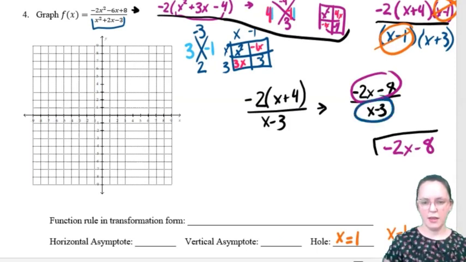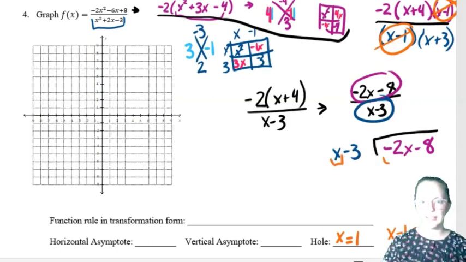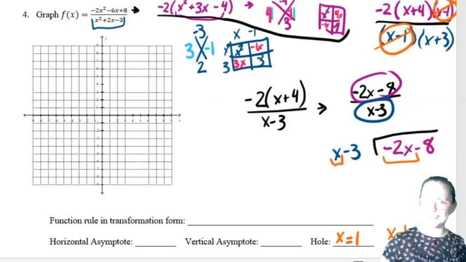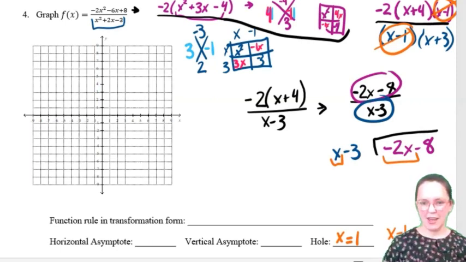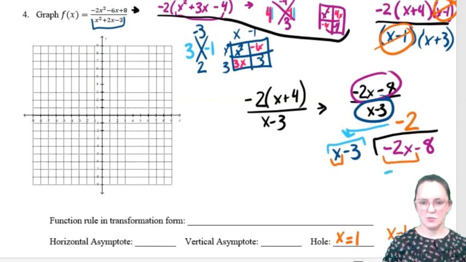that x minus 3. We're going to look for how many times x goes into -2x, and we're going to have -2, and then we're going to go ahead and say -2 times the whole factor is going to give us -2x plus 6.